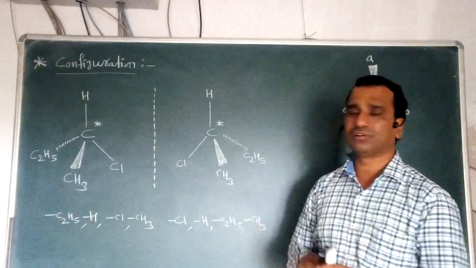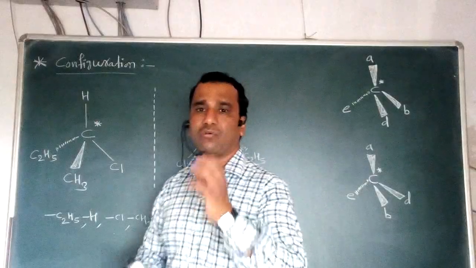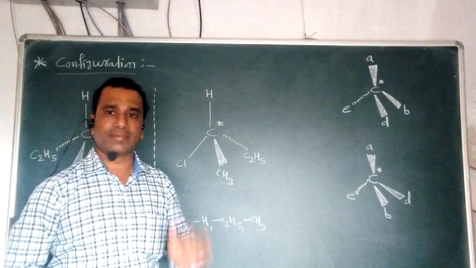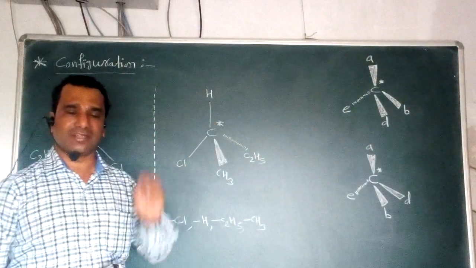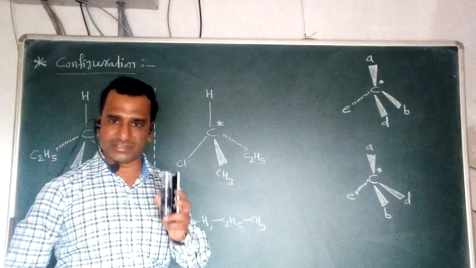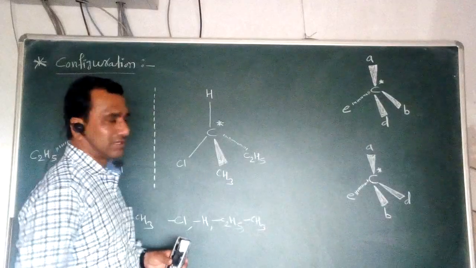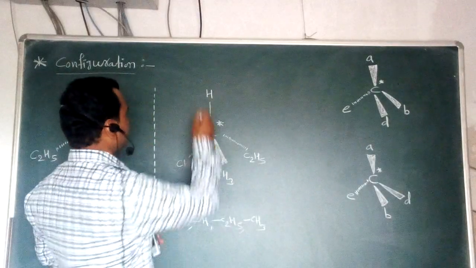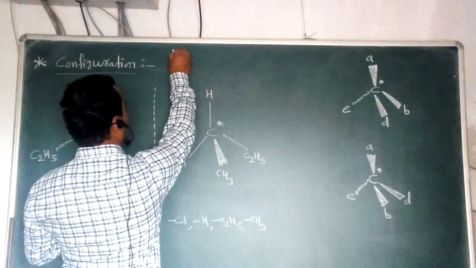Now as far as configuration is concerned, while assigning the configuration for any type of isomer or any enantiomeric pair, two different types of configuration systems are employed. The first important classification system is called the absolute configuration.